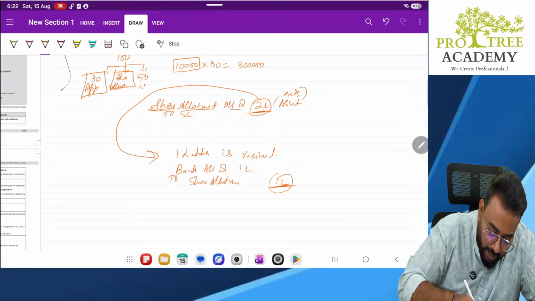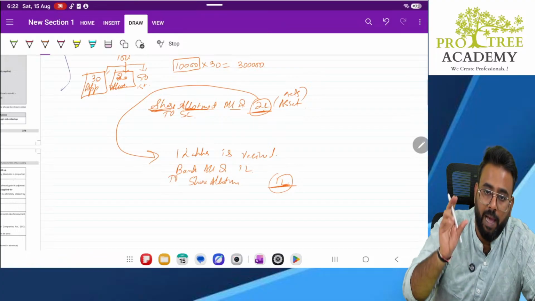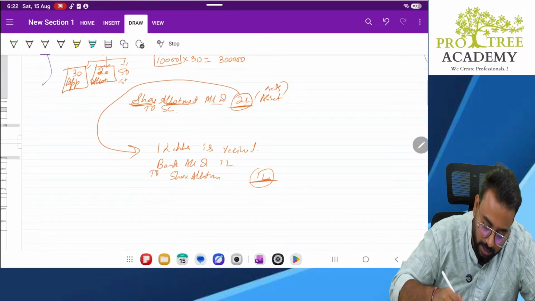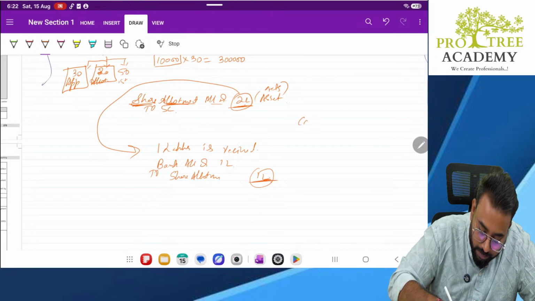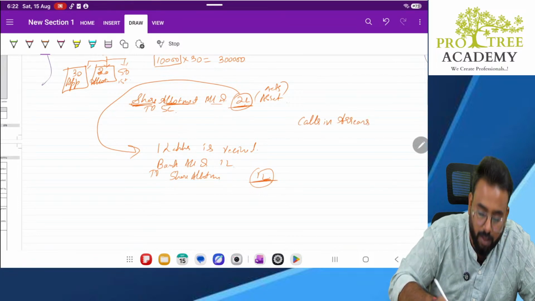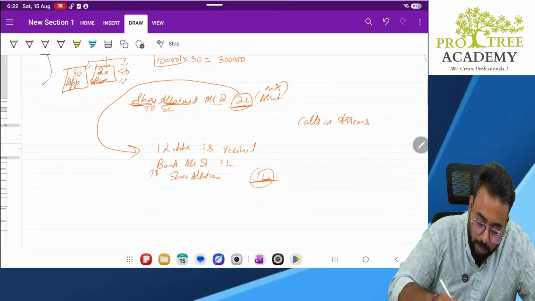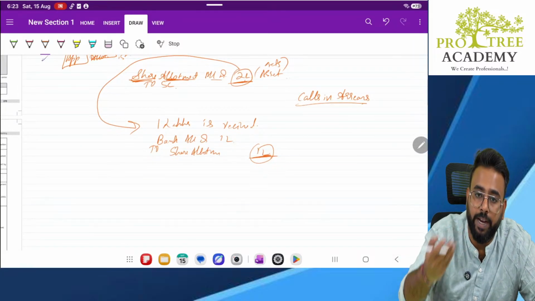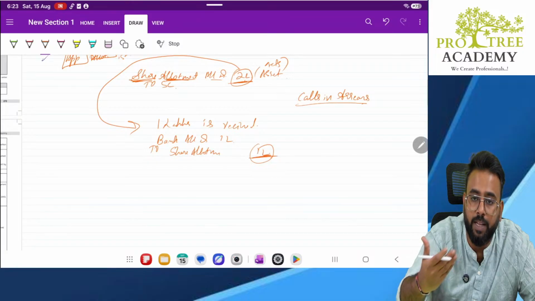So instead of carrying it, the balance of 1 lakh in share allotment account, you can transfer to an account called calls in arrears. What do you mean by calls in arrear, sir? Calls in arrear means we have already made the call, but we have not yet received the money.